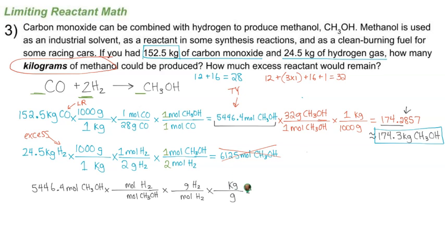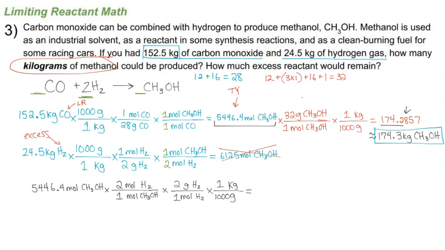So then we'll fill in those numbers. I know 1 kilogram is 1,000 grams. 1 mole of H2 is approximately 2 grams of H2. And then from our chemical reaction, for every 2 moles of H2 that are consumed, we are able to make 1 mole of CH3OH.